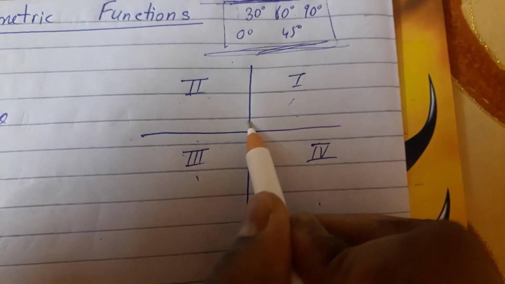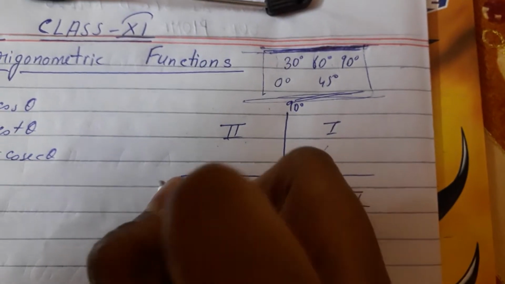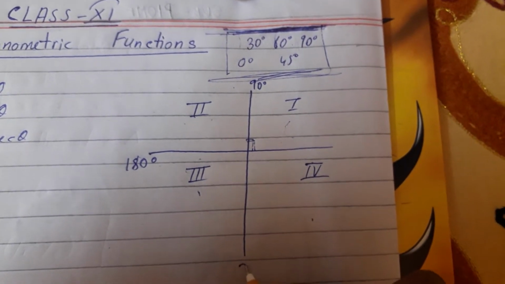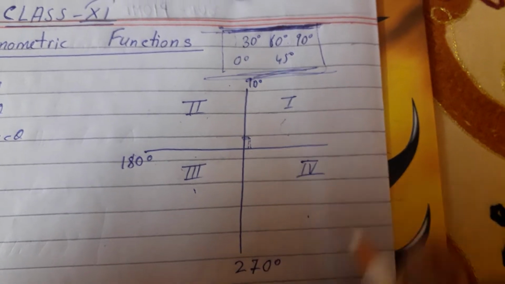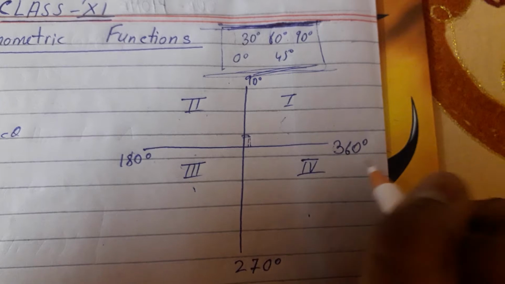This angle is 90 degree, as you all know, so you can write 90 degree here. Here it is 90 into 2, that is 180 degree. In this part it is 270 degree, and here it will be 90 into 4, that is 360 degree.